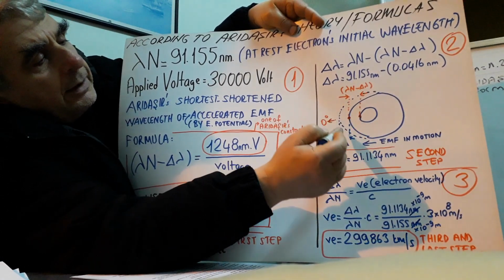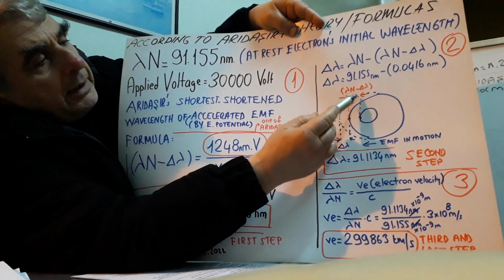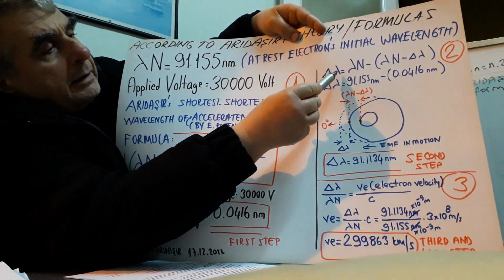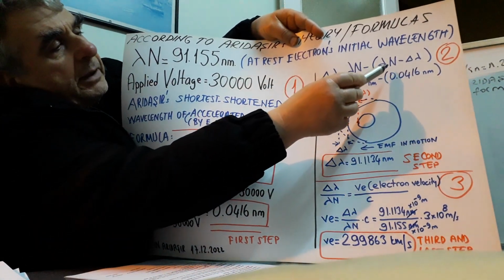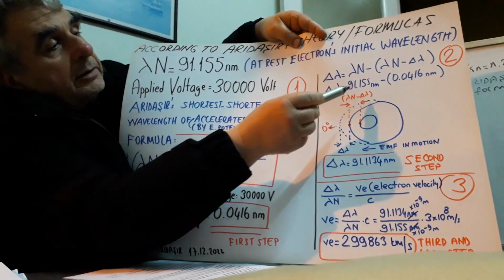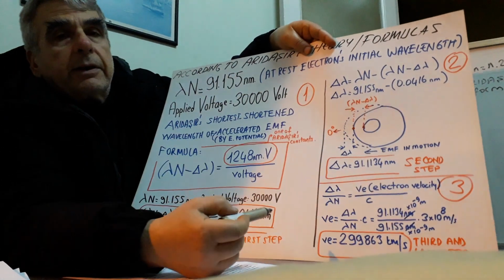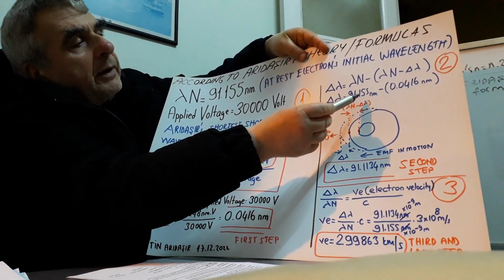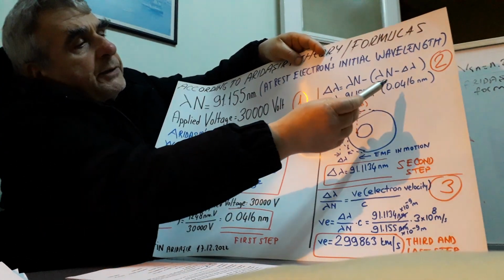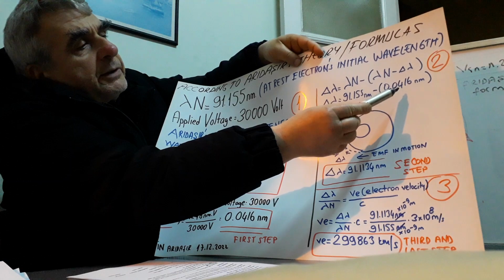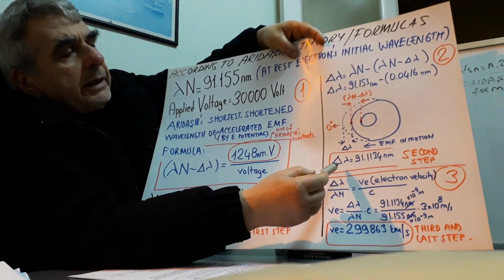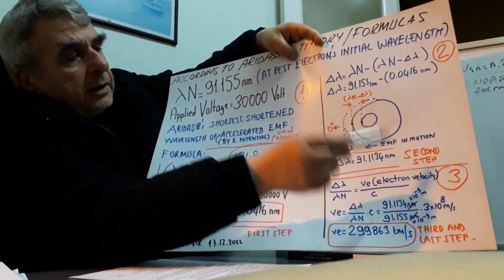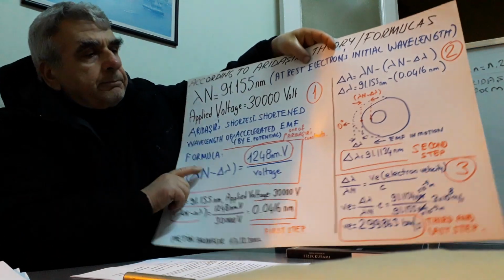Totally two of them. Delta lambda plus lambda normal minus delta lambda is equal to lambda normal. So delta lambda is equal to lambda normal minus the quantity lambda normal minus delta lambda. Easily, finally, we find delta lambda is equal to 91.155 nanometer minus 0.0416 nanometer, which is 91.1134 nanometer. Yes, we finished the second step.